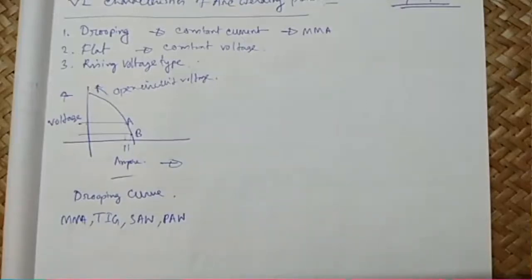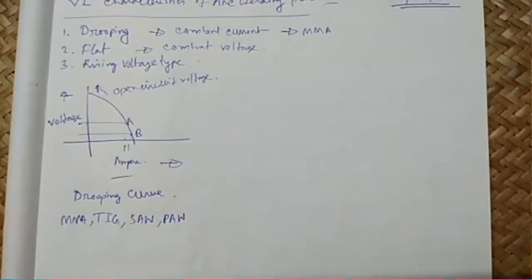Those machines using drooping characteristics try to keep the current constant by changing the voltage. And why do we need to do that? Because when we are doing manual metal arc welding, we cannot fix the gap between two electrodes. So there will be variation, and the voltage will change accordingly to keep the current constant, to keep the arc stable.